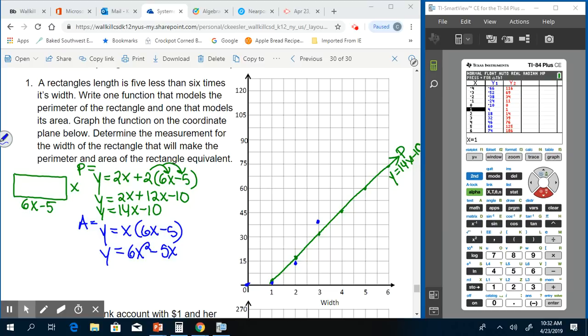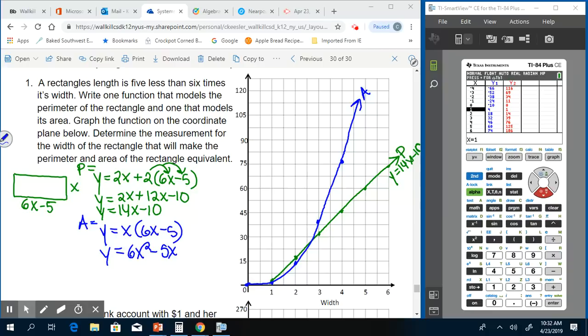And 4, 76. Okay, so that looks like this, and that's going to be our area formula.